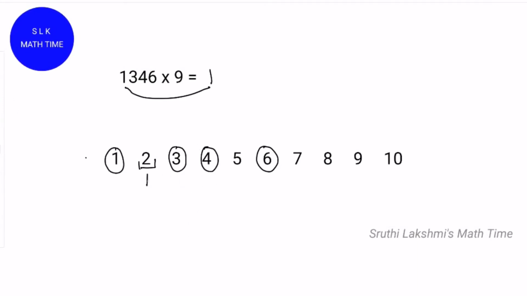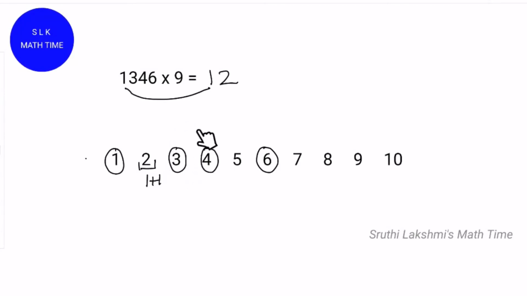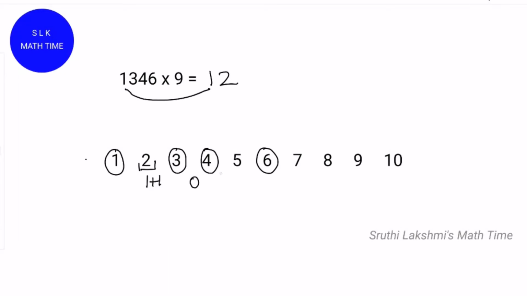So we do 1 plus 1, which is 2. So write 2. Now see how many numbers there are between 3 and 4, the third and the fourth digit, which is 0. But we have to add 1. Remember that I said you have to add 1 to the third digit also. So 0 plus 1, which is 1.